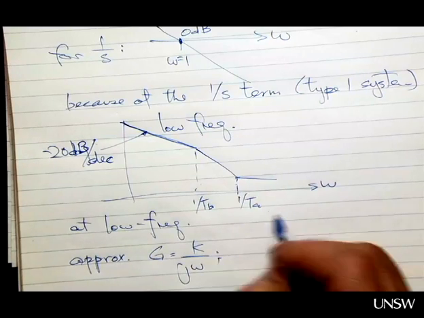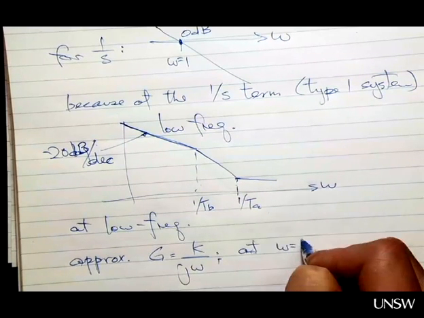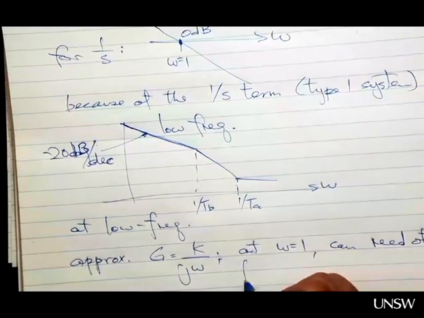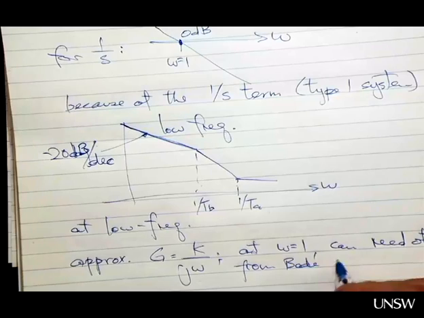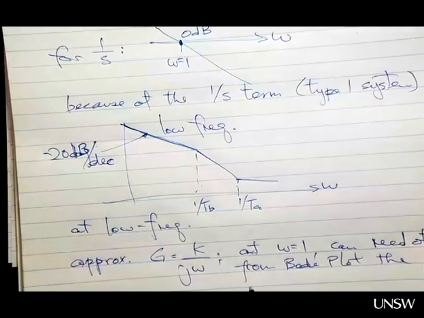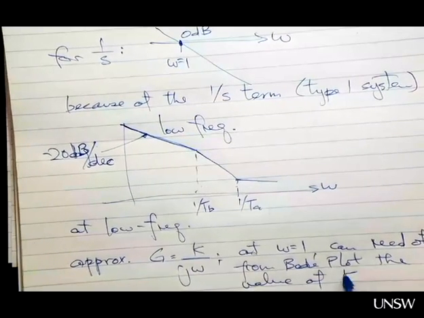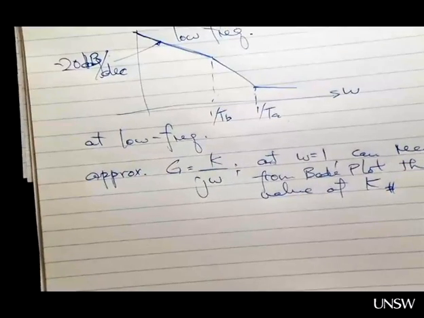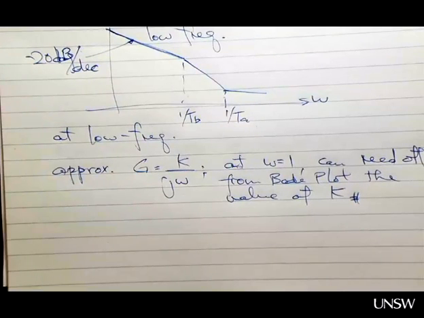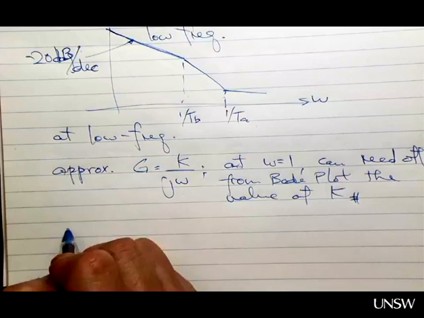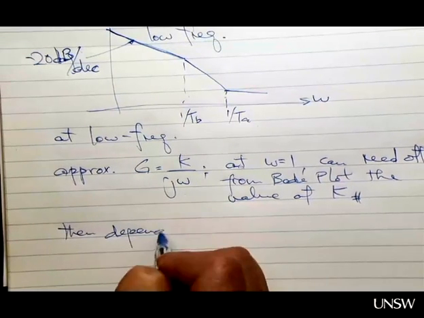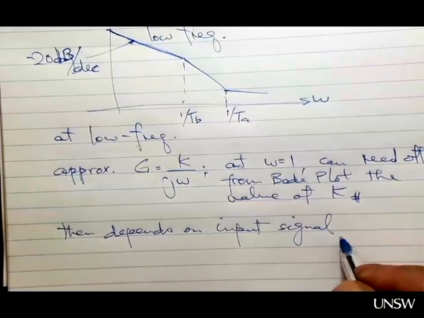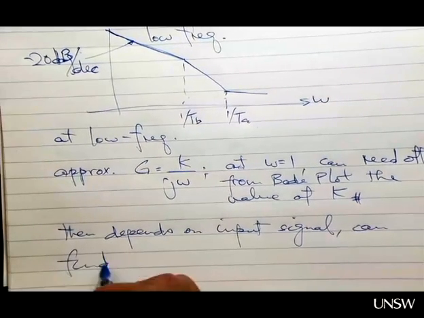Then what we can do is consider omega equals 1 and read off from the Bode plot the value of K. Then depending on the input signal, we can find the steady state error.